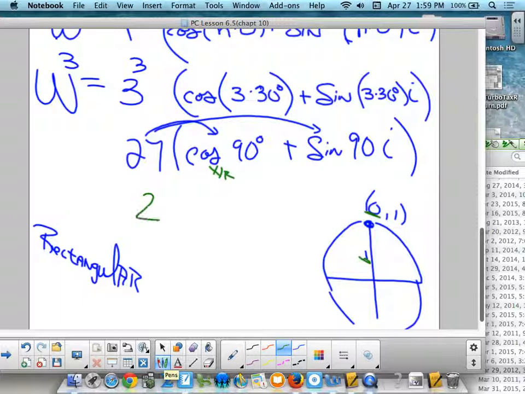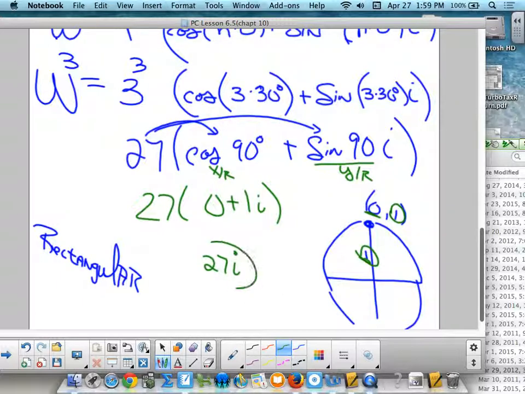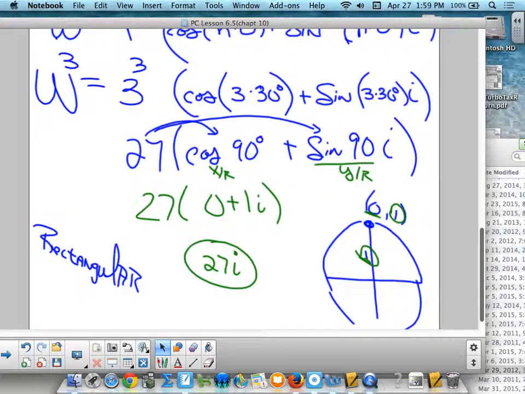You're right, it's 0. What's sine of 90? Y over r, it's 1 over 1. So it's 1i. What's the answer? Isn't that the answer in rectangular form?